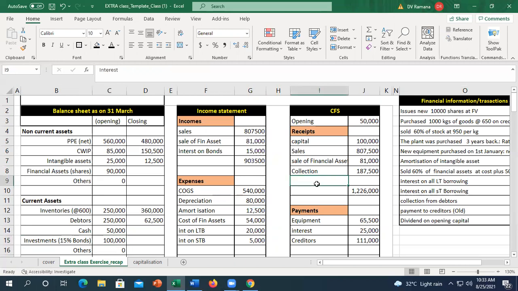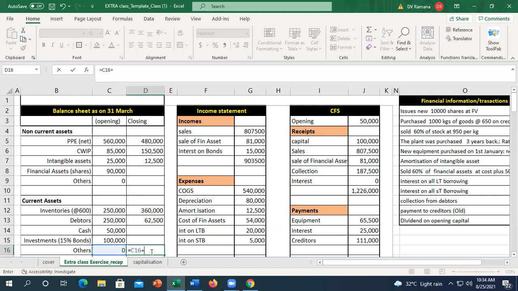Did we receive the money? You can make an assumption. Yes, we received it. Or you make an assumption that we have not received it. It's up to you. Suppose we say that we have received it, then there is a cash inflow. If you say that I have not received it, then definitely show that as a current asset.